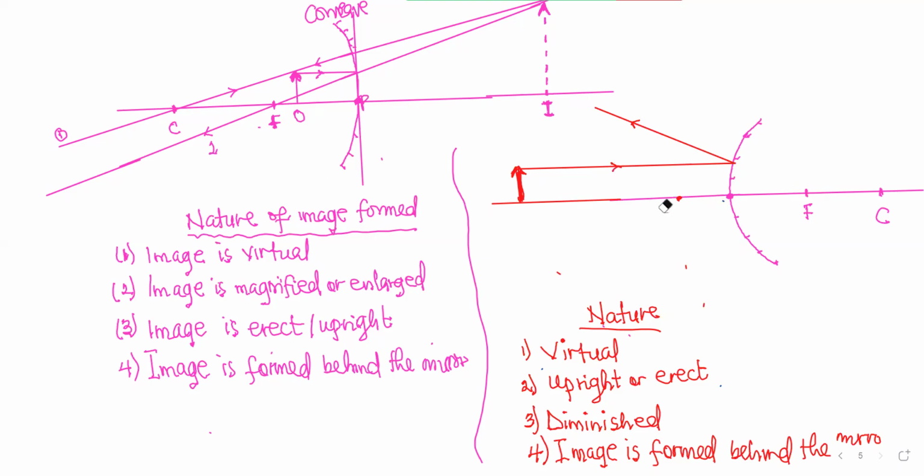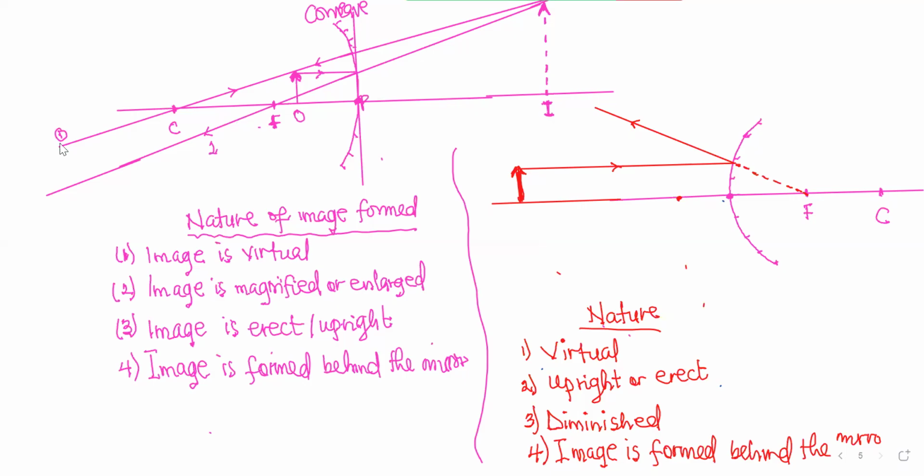But this is not actually what it is. It's a virtual thing. And this virtual thing, the reflected ray appears to be reflected or diverted from F. Use broken lines.